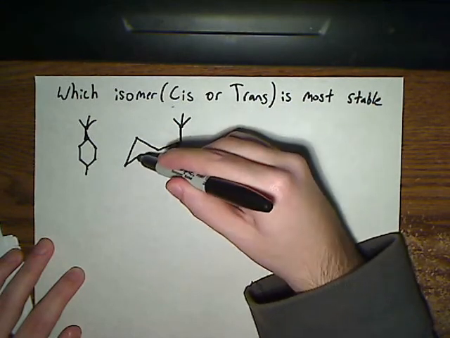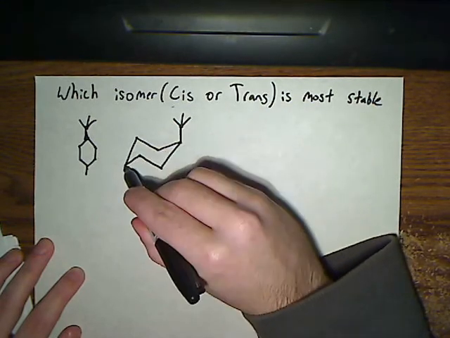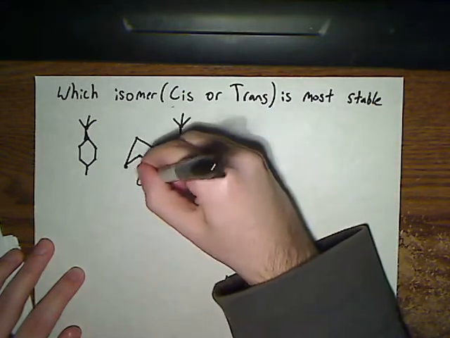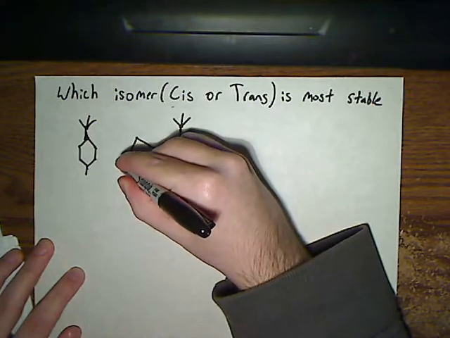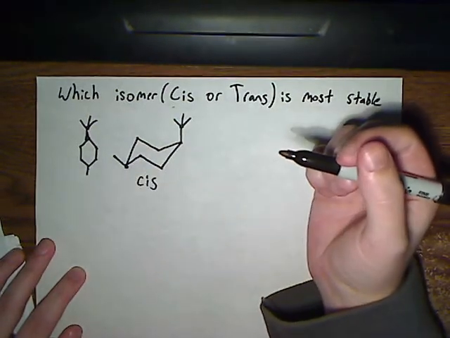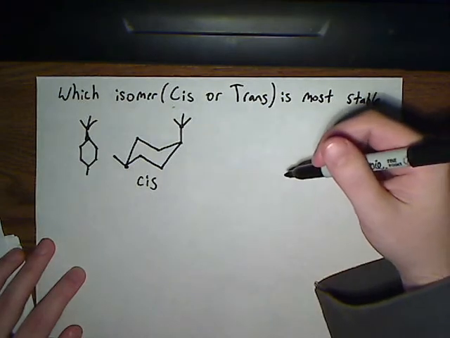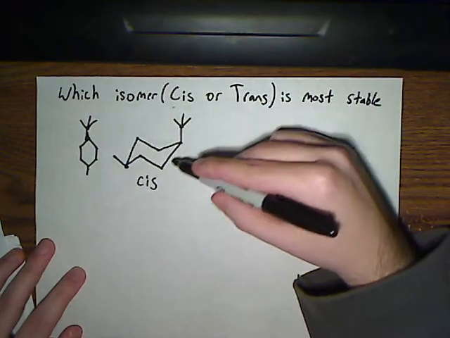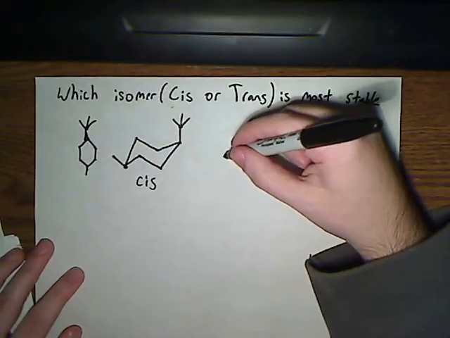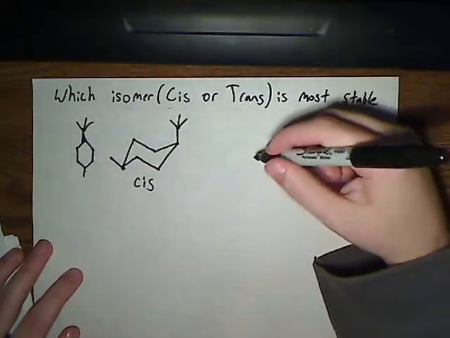And this one's also going to be in the up position because this is cis. So it's going to be up like this because the axial position is down, and that would not be what we want. And we also have to draw the flipped chair because that is also contributing to the structure.